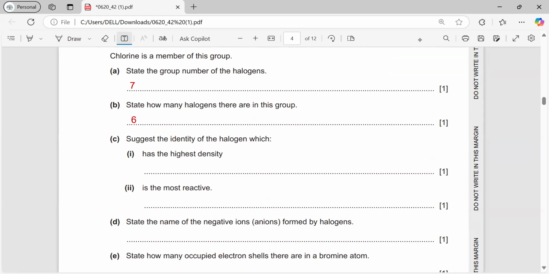Suggest the identity of the halogen which has the highest density and the most reactive. So we have fluorine, chlorine, bromine, iodine, astatine, and tennessine. Now fluorine is the most reactive because its size is small, so the force of attraction and the force of repulsion is less.